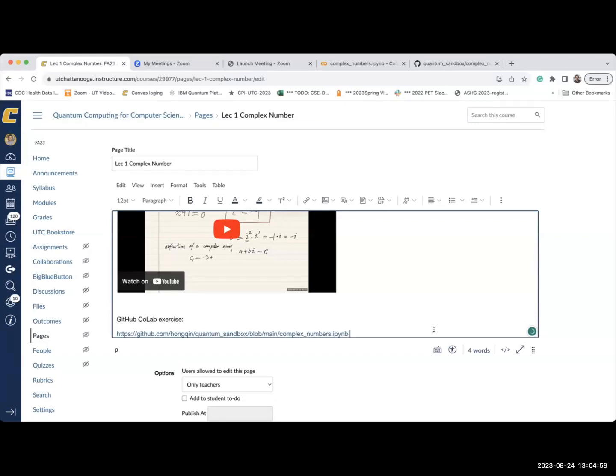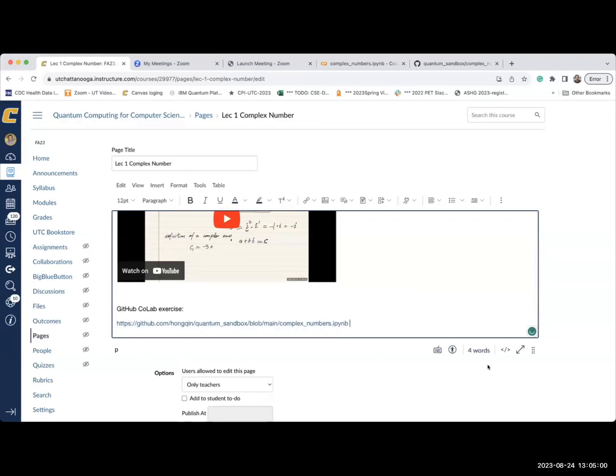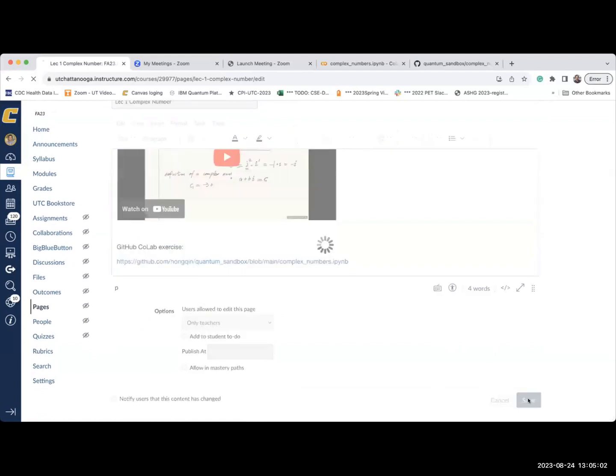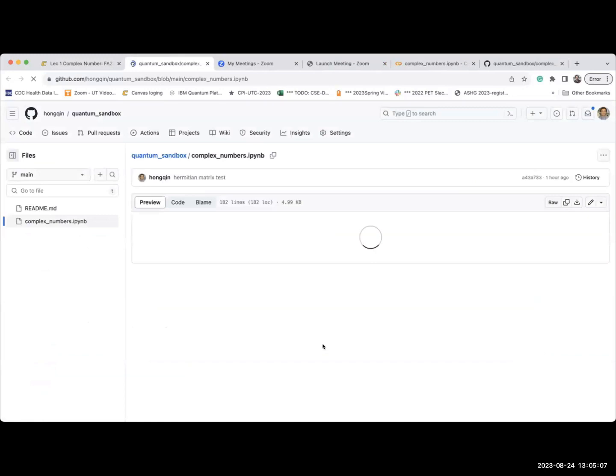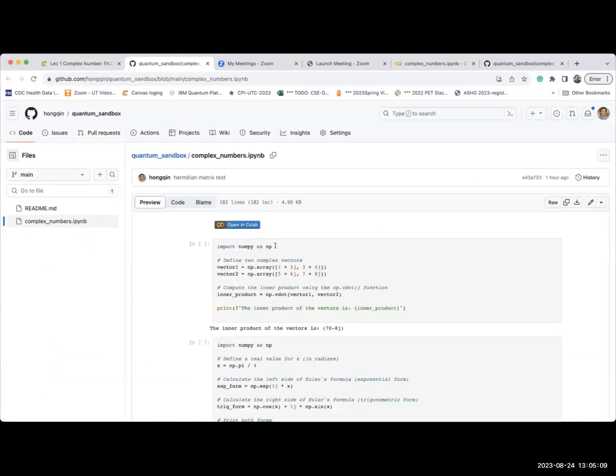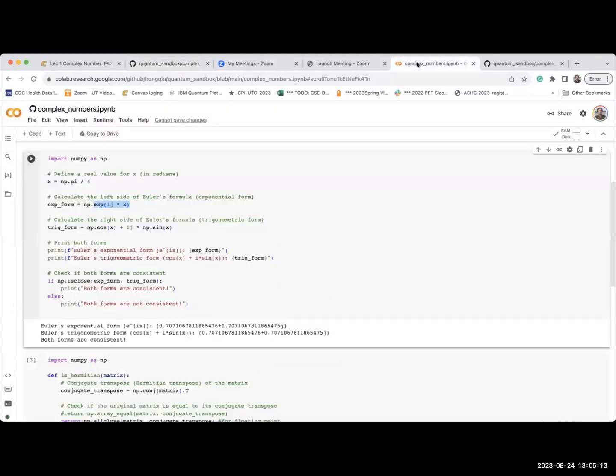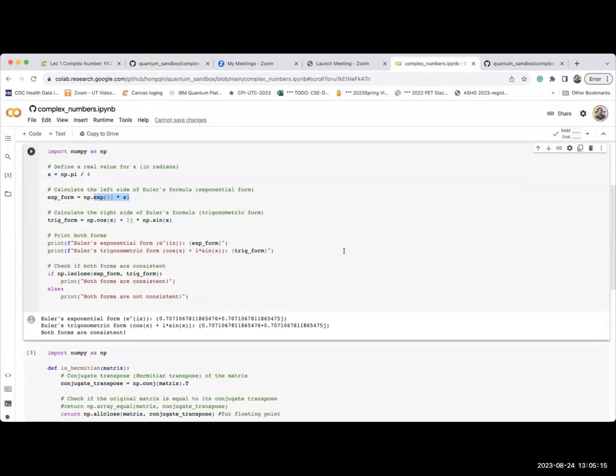Yeah, I can put it there so it's maybe easier. Very good. If you click on that opening Colab, it should take you directly to Colab. Okay.